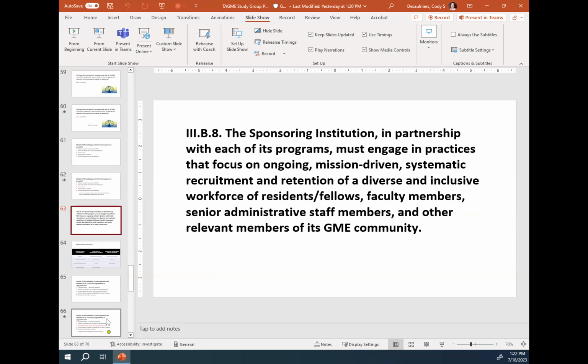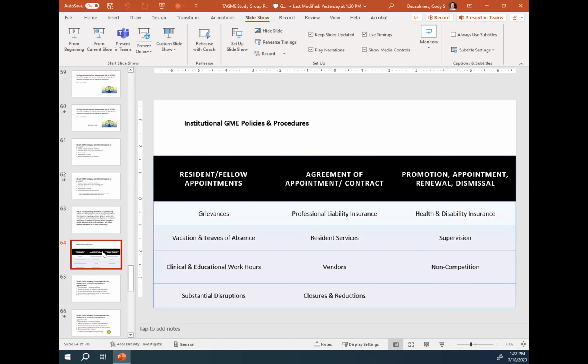The SI in partnership with each of its programs must engage in practices that focus on ongoing mission-driven, systematic recruitment and retention of a diverse, inclusive workforce of resident fellows. We already talked about this earlier. So institutional GME policies and procedures has the resident fellow appointments with grievances, vacation leave and absence, clinical educational work hours, substantial disruptions.